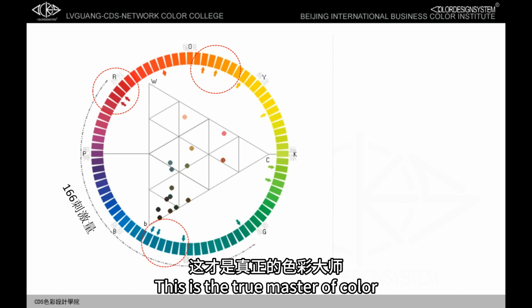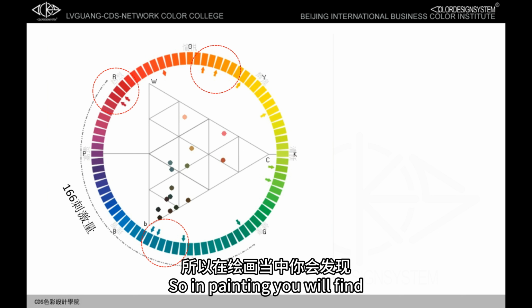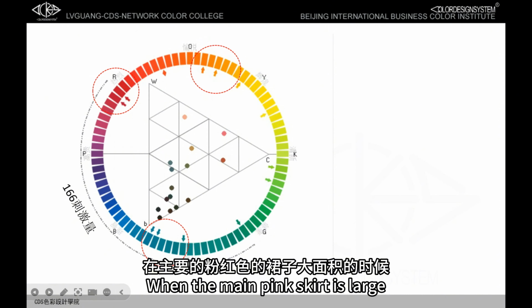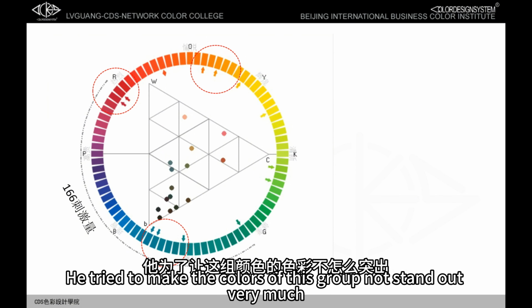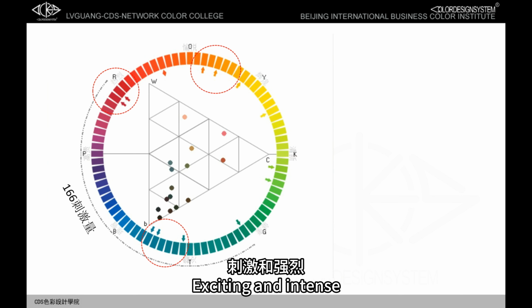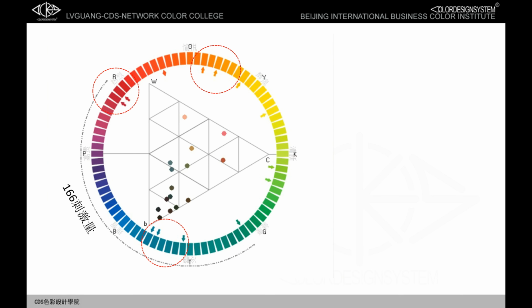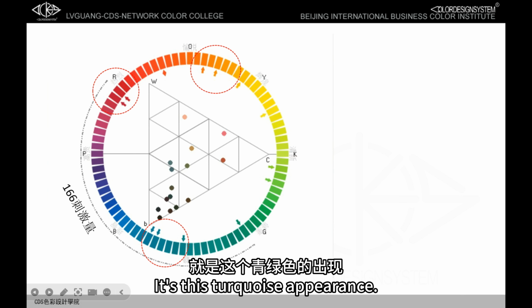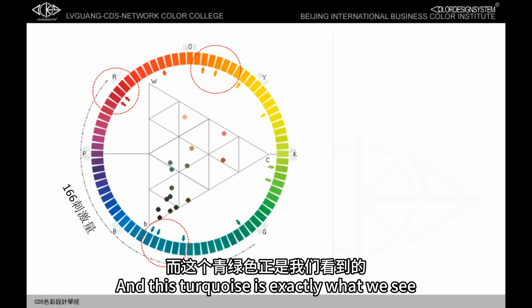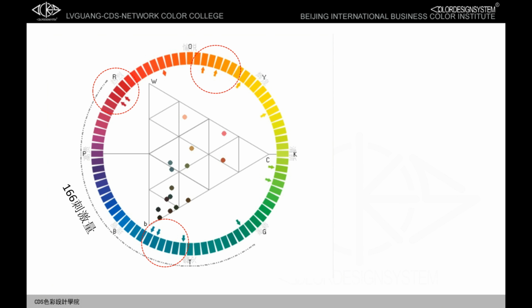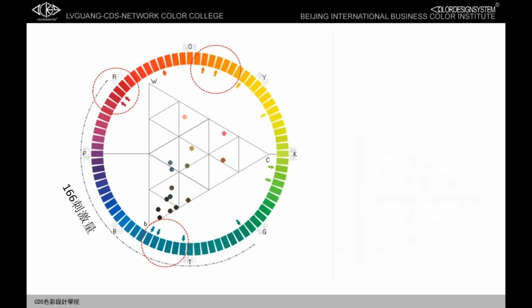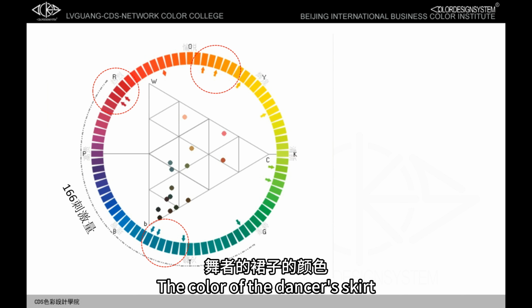This is the true master of color. So in painting you will find when the main pink skirt is large, he tried to make the colors of this group not stand out very much. Exciting and intense. He did some color design with constraints. It's this turquoise appearance, and this turquoise is exactly what we see. His set of little turquoise ones. The color of the dancer's skirt.